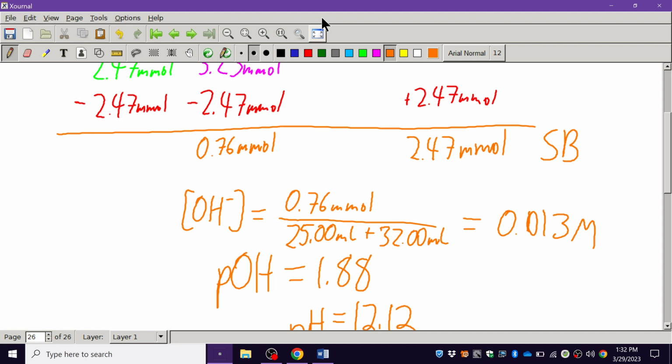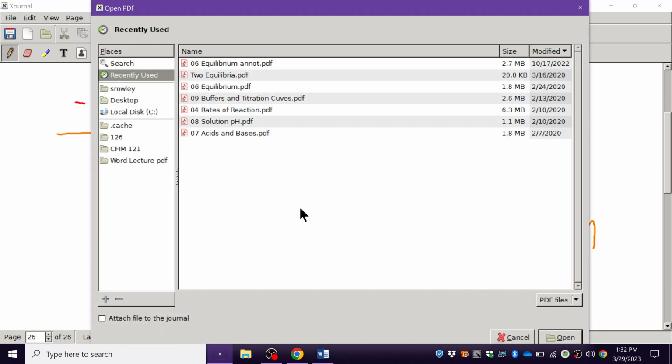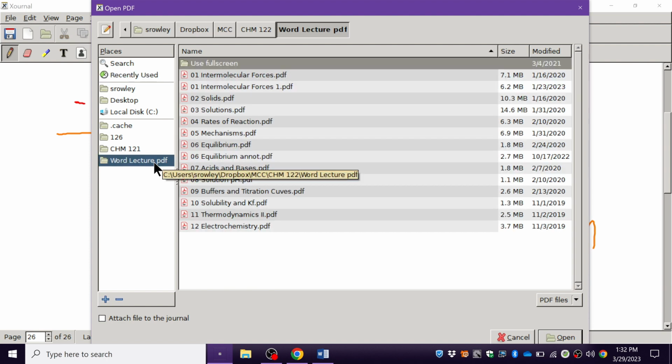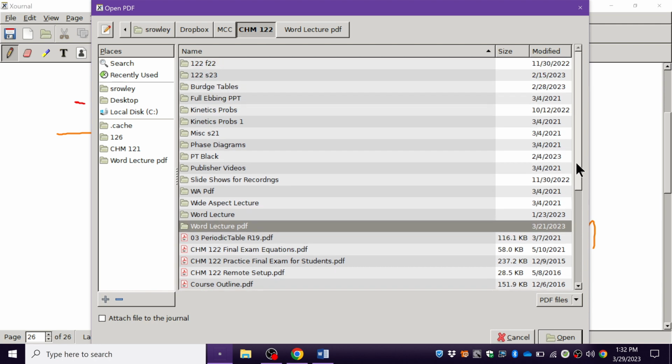All right, what I'm going to do is pull up the worksheets that we use. And again, you'll have access to these on Canvas. Oh, crud, that's right, these things disappeared.